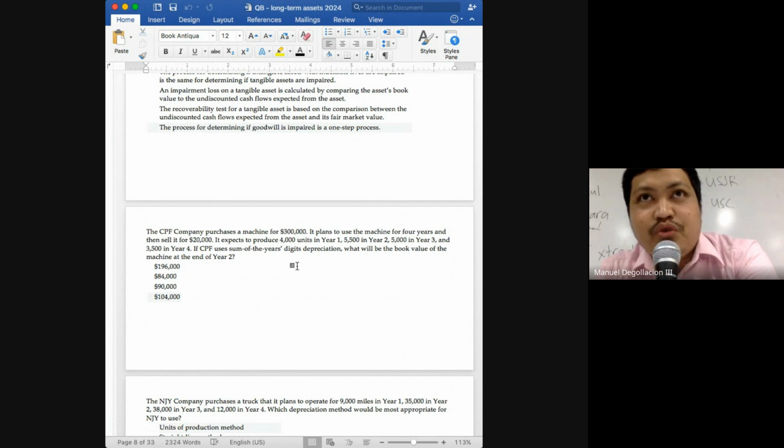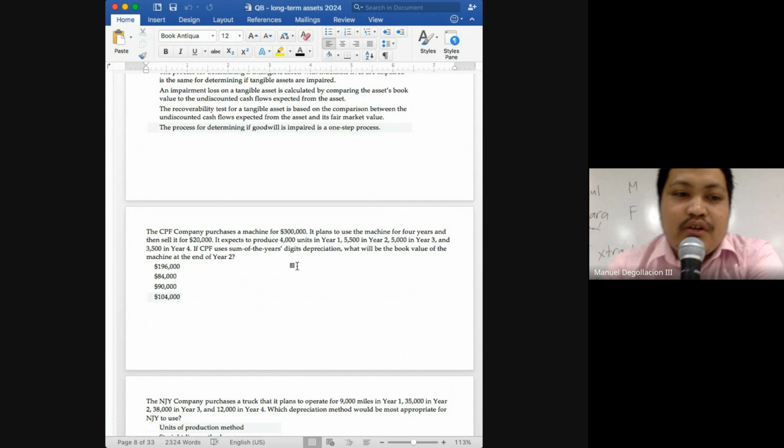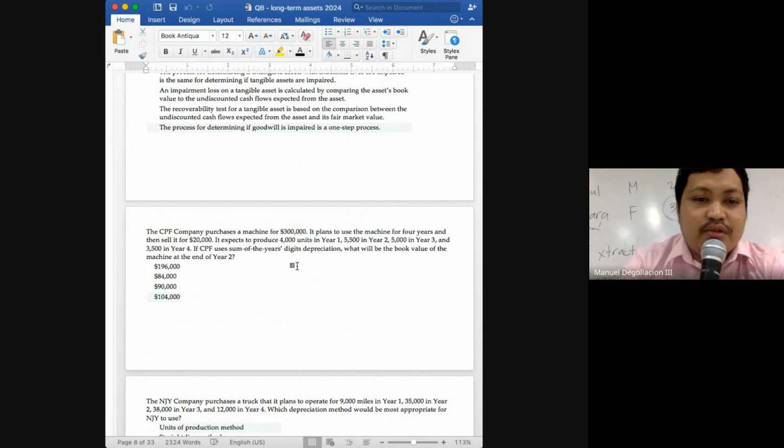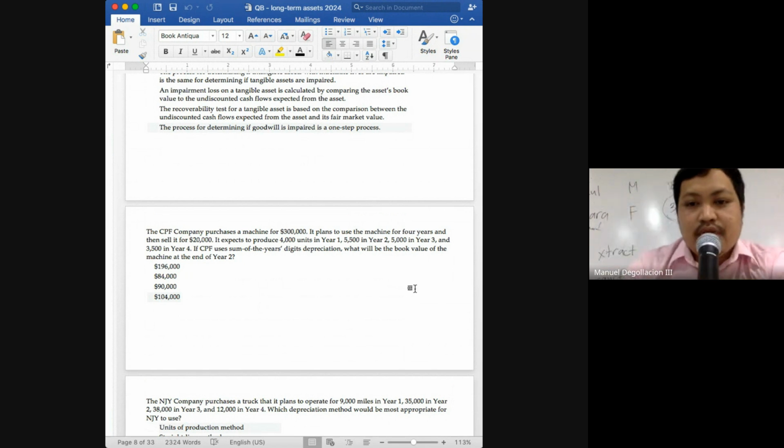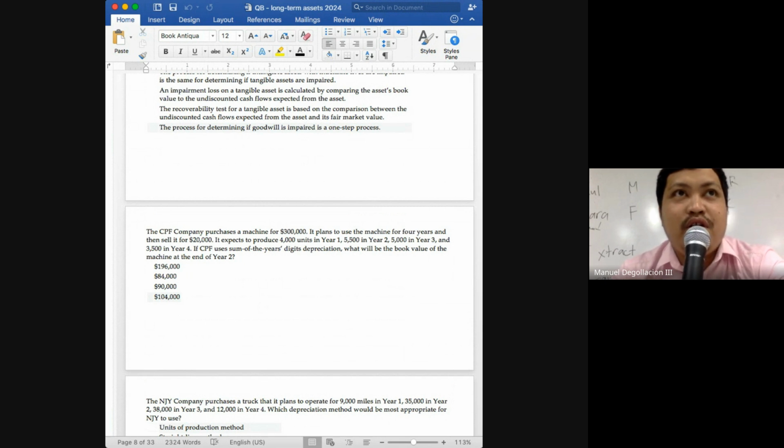What will be our numerator for the first year? 4. If it's the first year, you still have 4 years of use in the asset. So 4 over 10, that would be 40%. Let's do this step by step. Do we multiply the 4 over 10 with 300, or with 280? Multiply it with the depreciable cost.